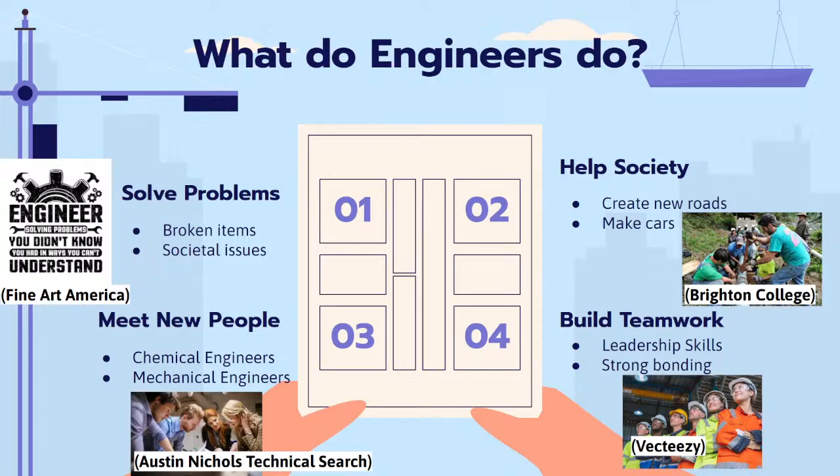Like first, they solve the different problems. Like if something is broken, like I said, like our phone, our calculator, our anything, even something in our house is broken, engineers are needed to fix those problems and fix those broken items.